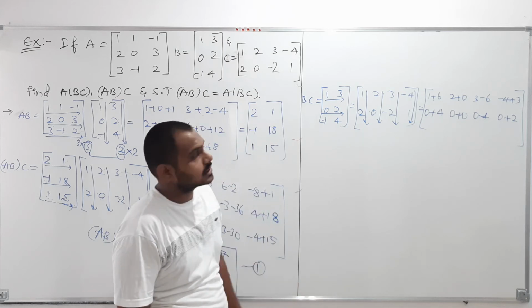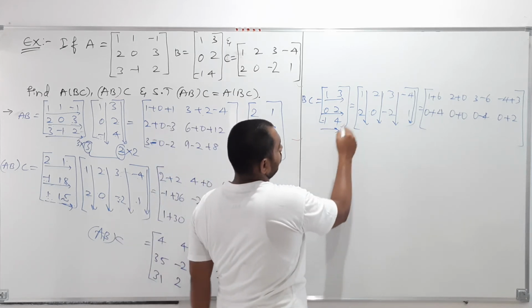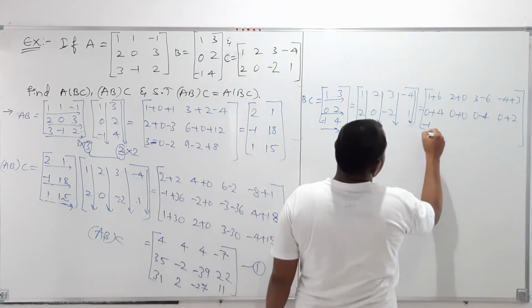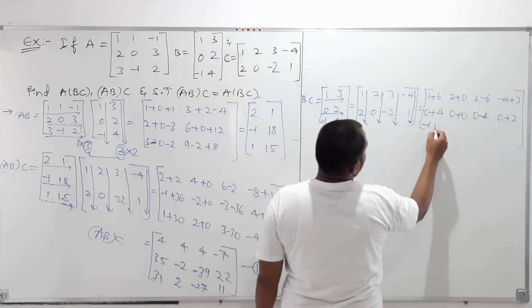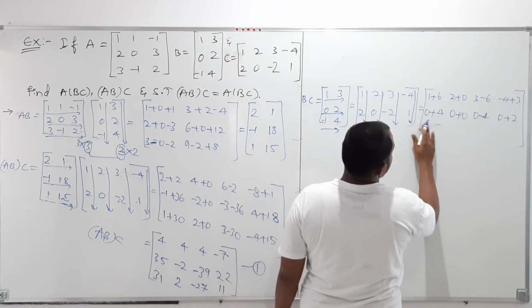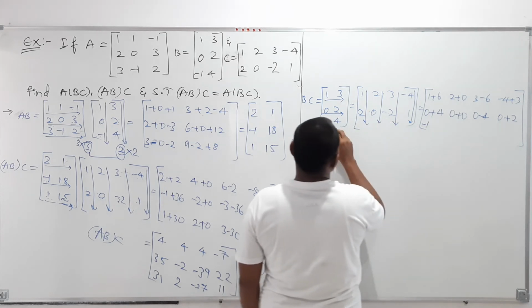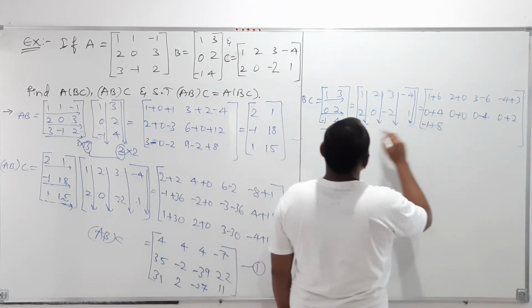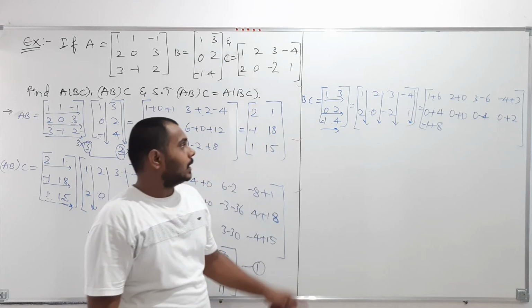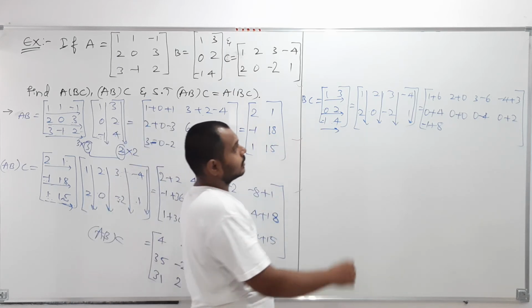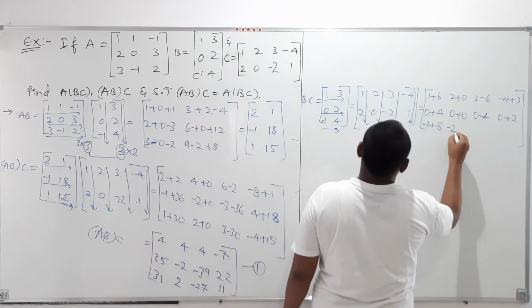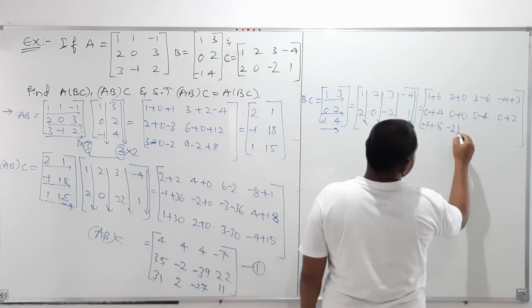Clear? Next, my dear friends, third row, first column. Minus 1 into 1 is minus 1 plus 4 2s are 8. Next, third row, second column. Minus 1 into 2 is minus 2. 4 into 0 is 0.